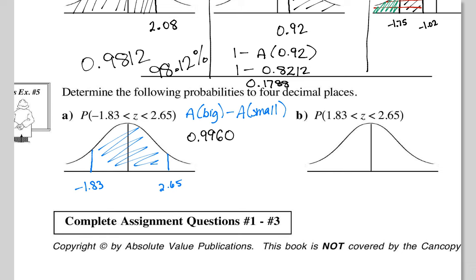So that's pretty much as big as you can get. And then the small area comes from the 1.83 negative. 1.83 negative is 0.0336. See how that's very small compared to the other one? Subtract those. I got 0.9624 to my 4 decimal places.